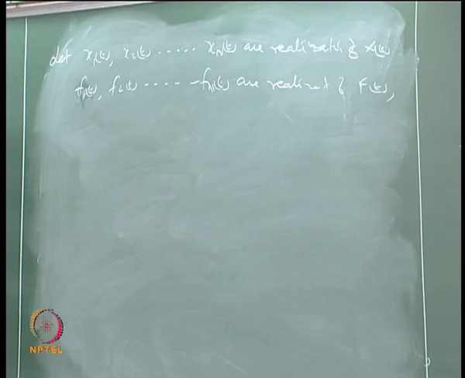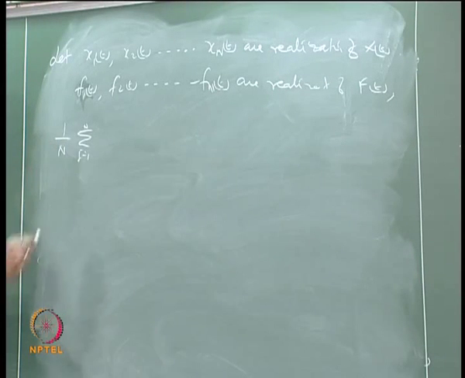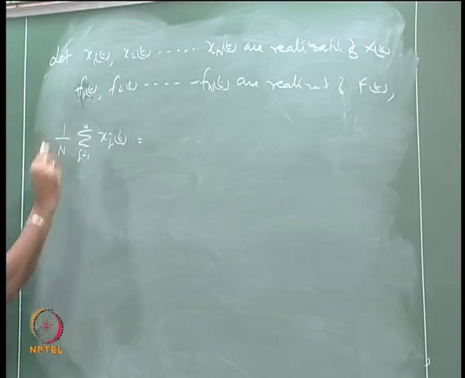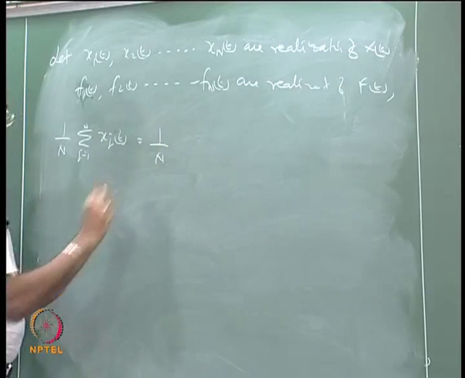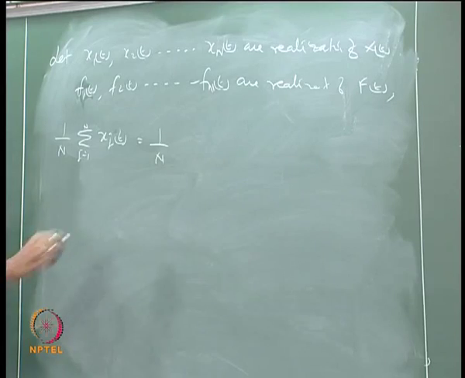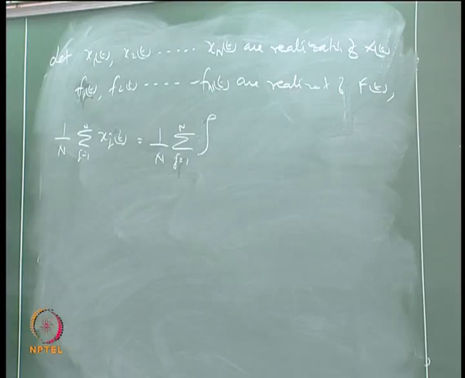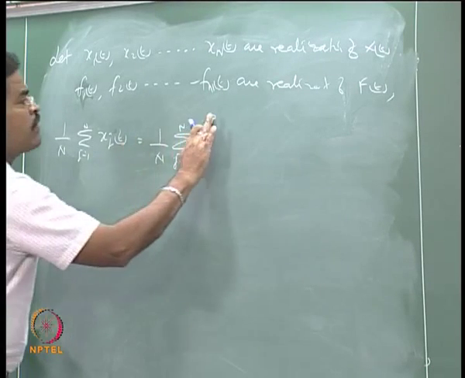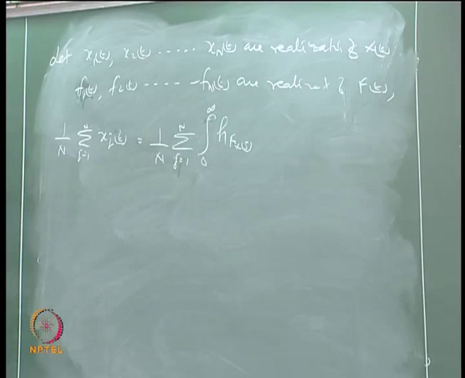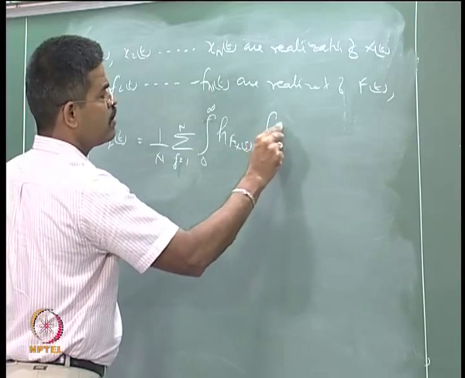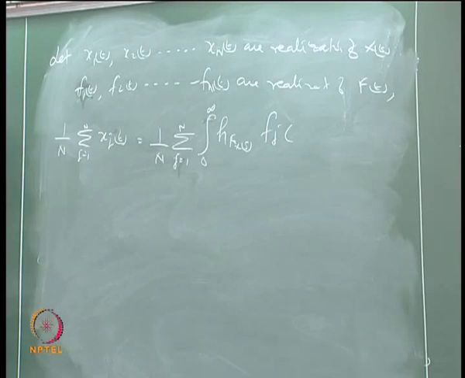Then I can say 1 by n of the summation j equals 1 to n of xj of t is 1 by n of the summation j equals 1 to n of the integral from 0 to infinity of my transfer function h of x of s, fj of t minus s, ds.